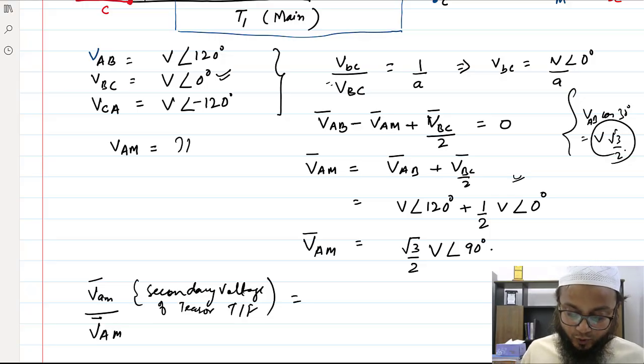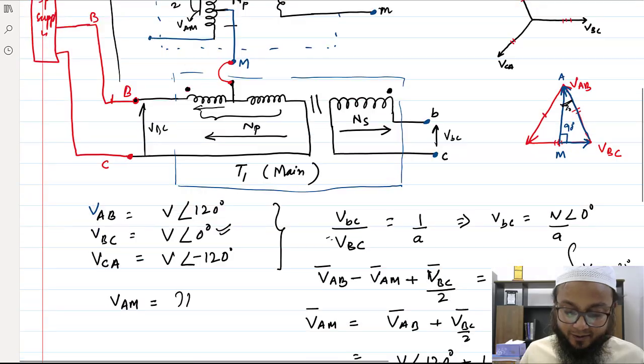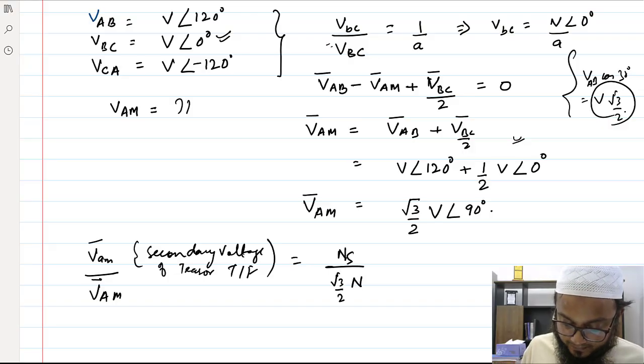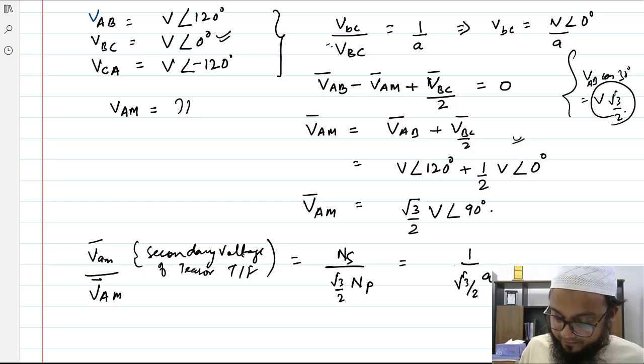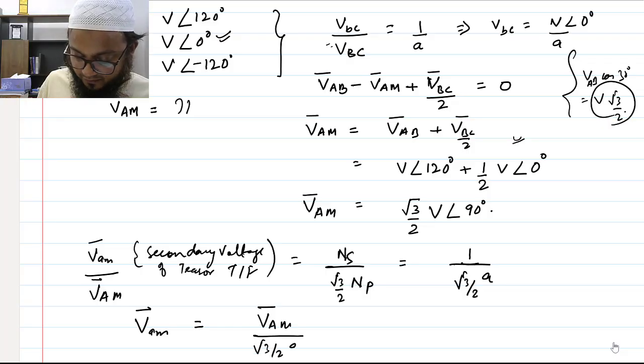The turn ratio we have chosen is root 3 by 2 of NP on the primary side, and this is nothing but 1 by root 3 by 2 of A. So small vam will come out to be capital VAM upon root 3 by 2 of A, and if you further simplify it, you'll get V by A at an angle of 90 degrees.